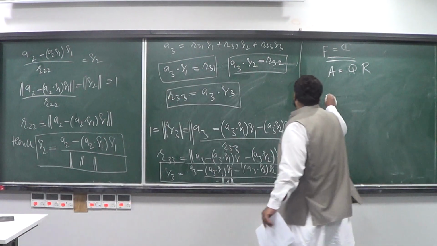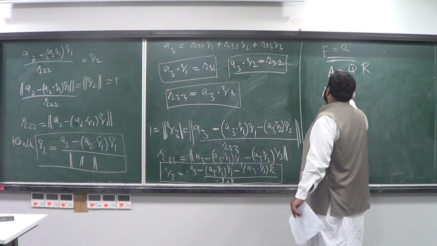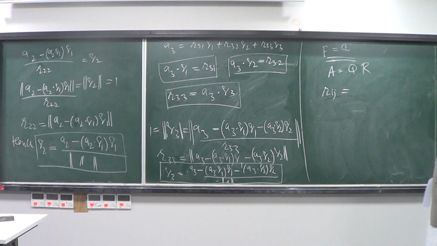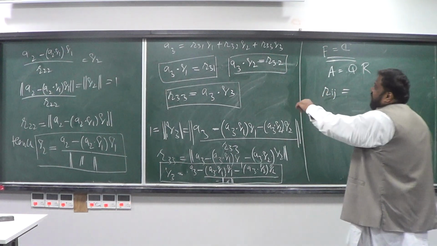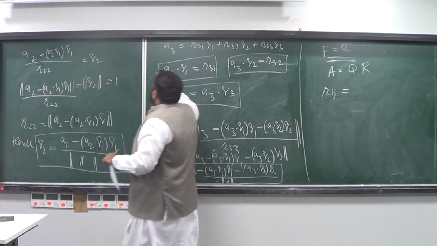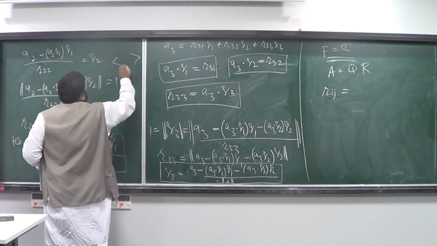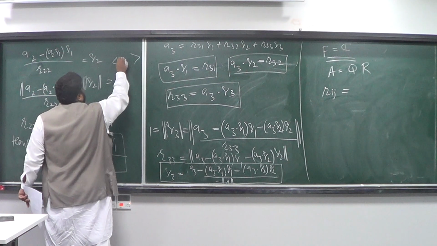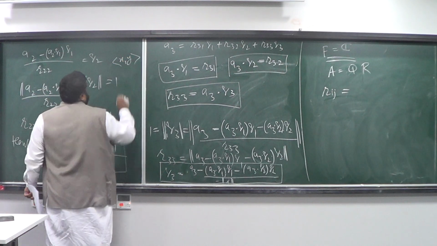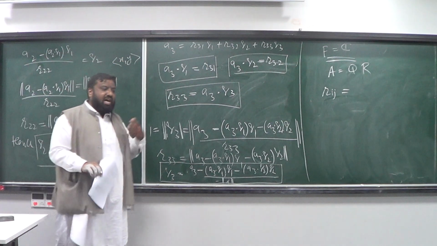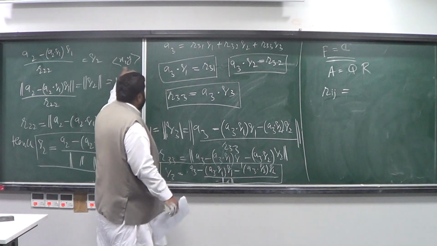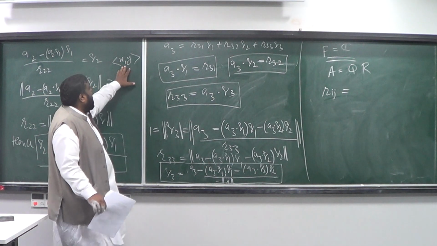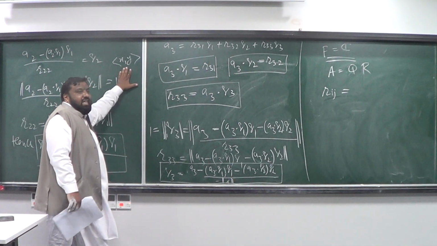If you want to compute the entries Rij, here you have A3 dot Q1. So what would be the inner product when you are dealing with complex numbers? If you have x, y, I know the inner product on Rn is simply taking the dot product. But what would be the inner product on Cn?